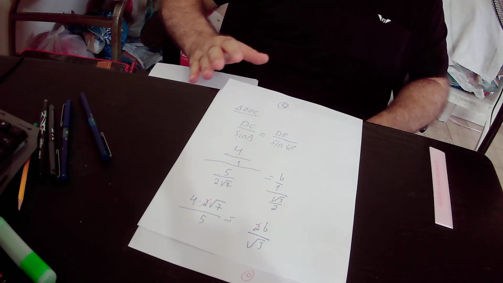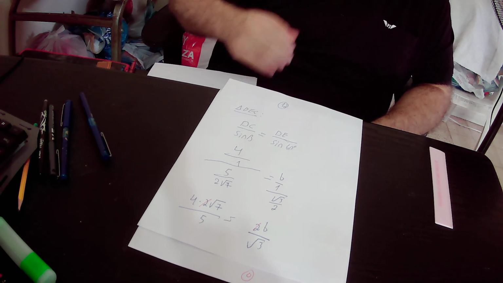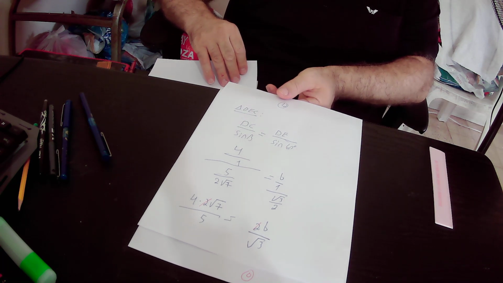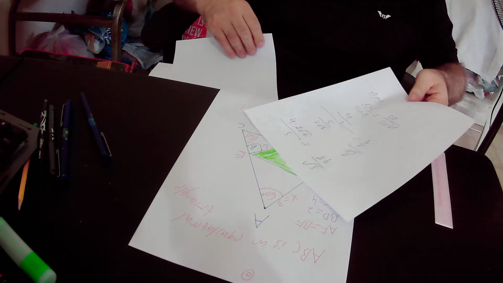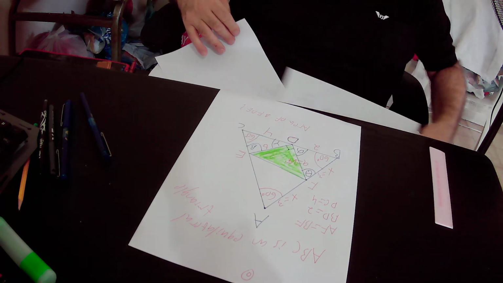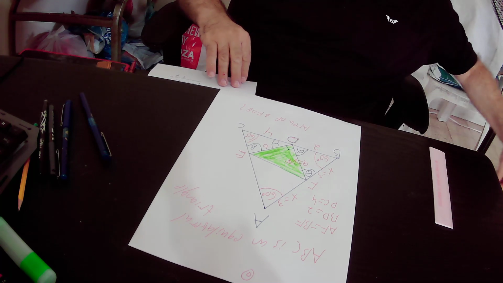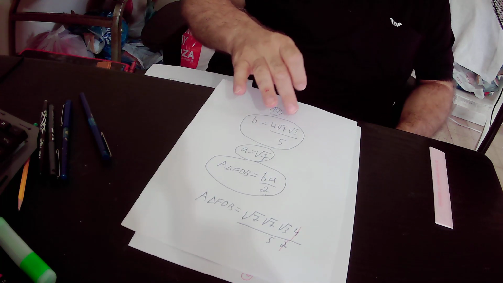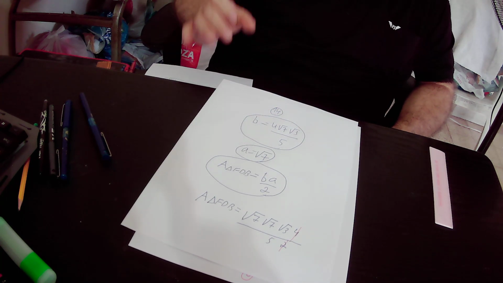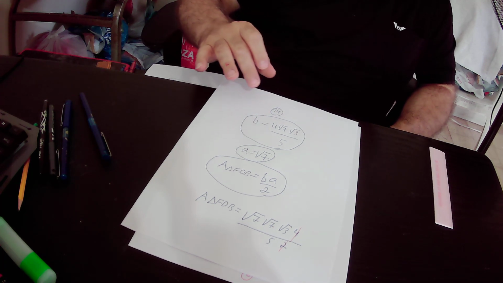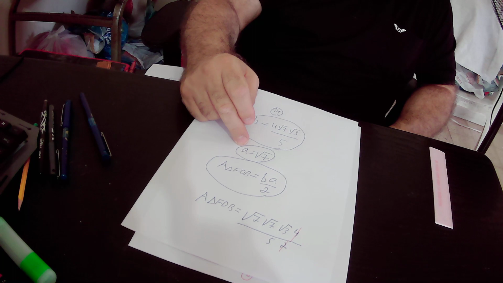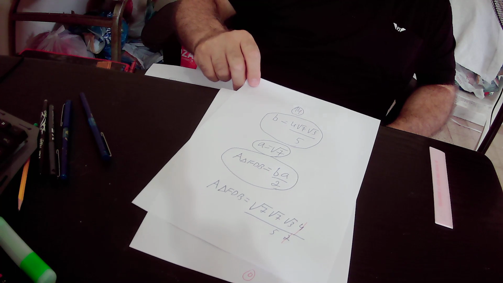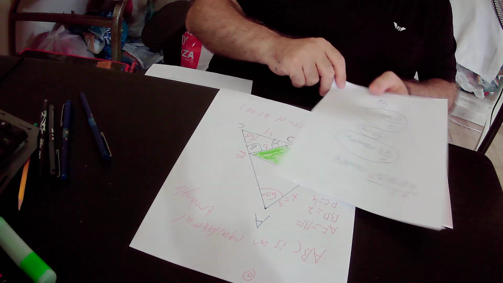So the only missing variable that we have in this equality is B. Okay, so we put the data inside this equality, and we found out that the value of B is actually 4 times root 7 times root 3 over 5 units. That is the value of B, and we have already found out that the value of A equals root 7 units.